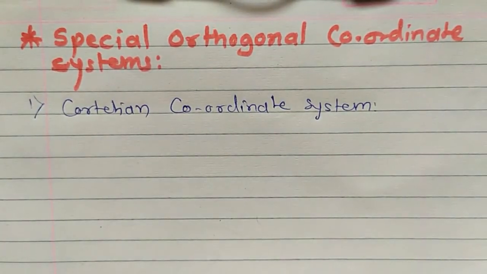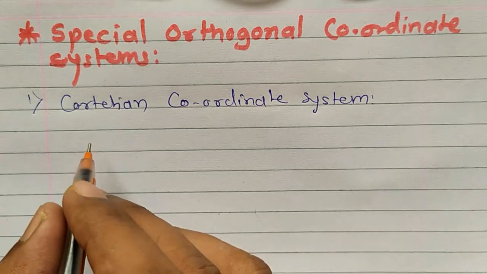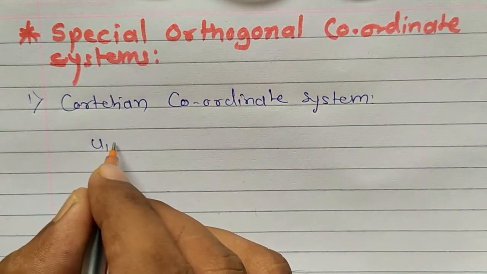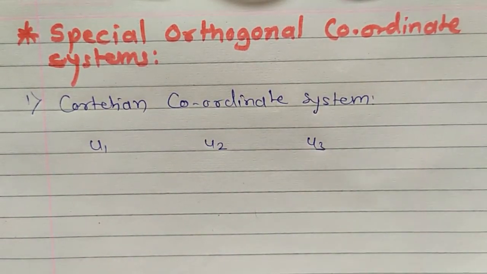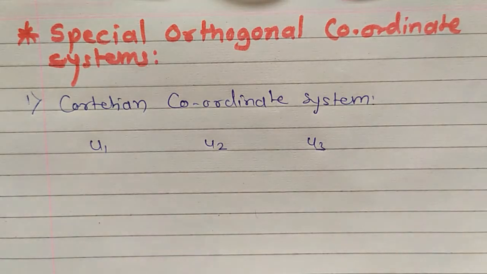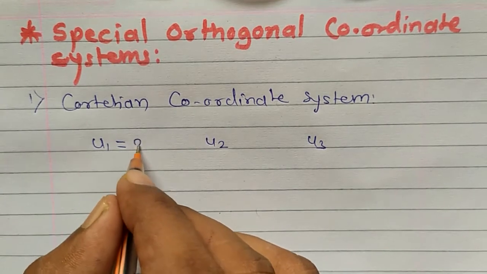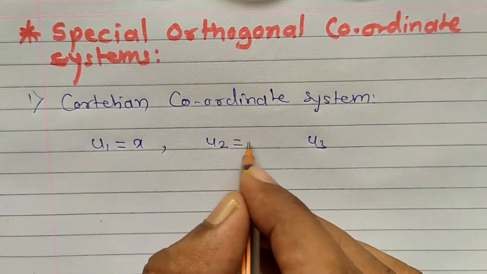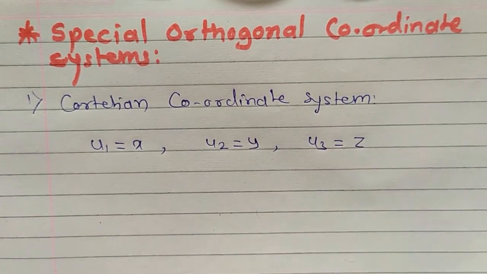Now we are going to compare Cartesian coordinate system with orthogonal curvilinear coordinate system. So as we know, in orthogonal coordinate system, u1, u2 and u3 were the coordinates, right? And you know that in a Cartesian coordinate system, x, y, z are coordinates. So by observation you can say u1 is x, u2 is y and u3 is z.